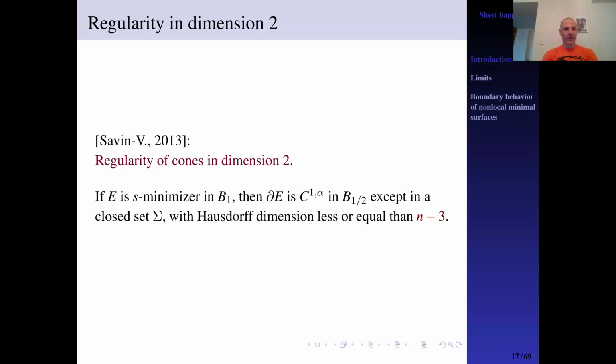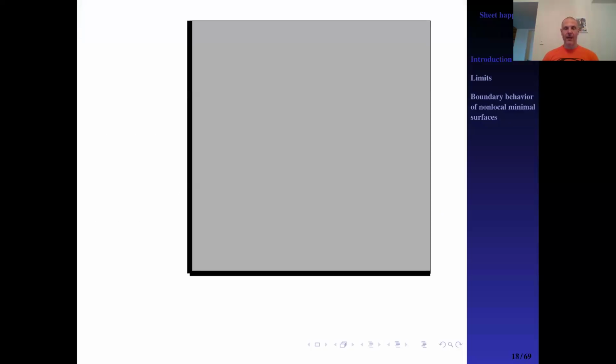For non-local minimal sets, the situation is more complicated. You cannot explicitly solve the equation, not even in dimension 2. So in principle, it's not obvious that the corresponding solutions are regular.